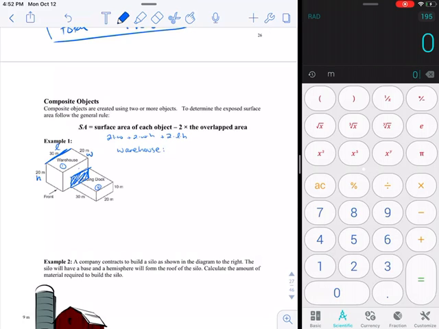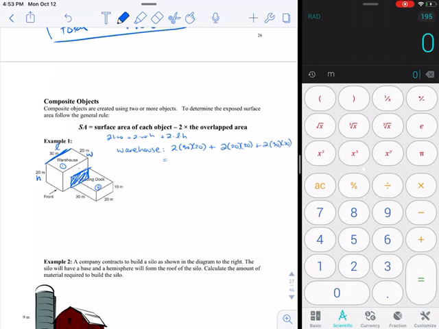All right, so 2 times length times width plus 2 times width and height plus 2 times length times height. Okay.